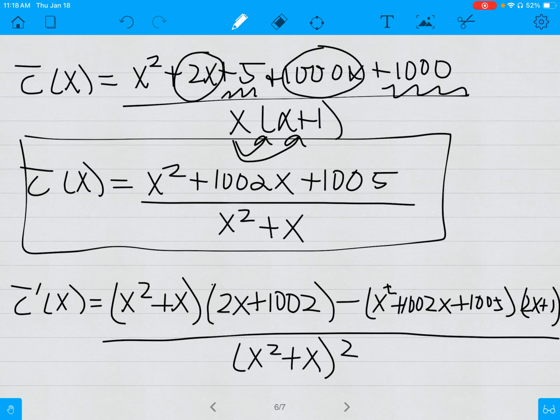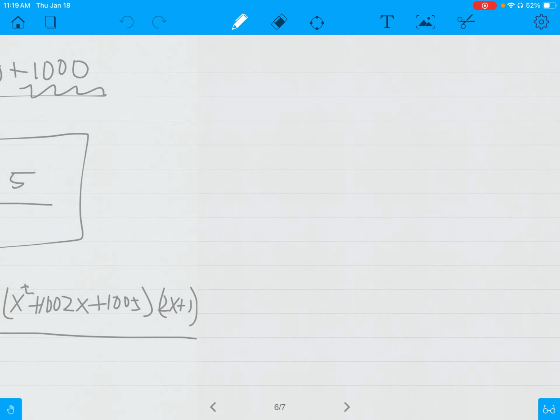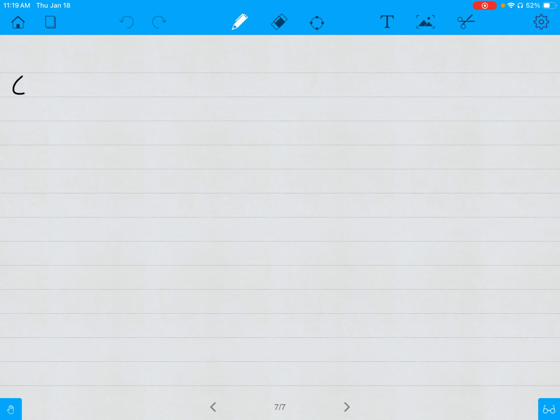So for this first set, we will need to FOIL because we're multiplying together two binomials. So we have x squared plus x times 2x plus 1002. x squared times 2x is going to be 2x cubed.